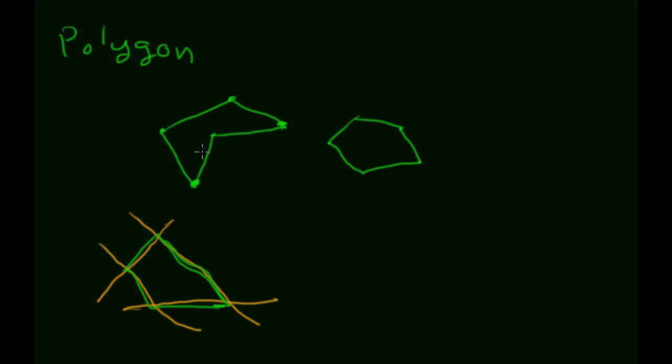Okay, but see, if we look here, this side doesn't cross through the interior, that side doesn't, but this one right there crosses through the interior of the polygon when it is extended. So this polygon is convex. This polygon is non-convex.